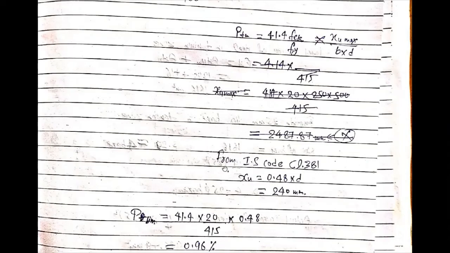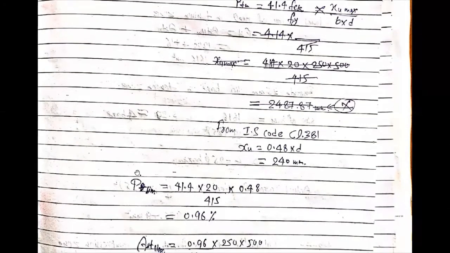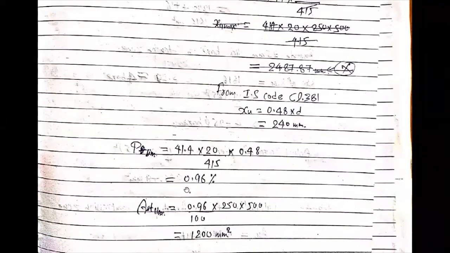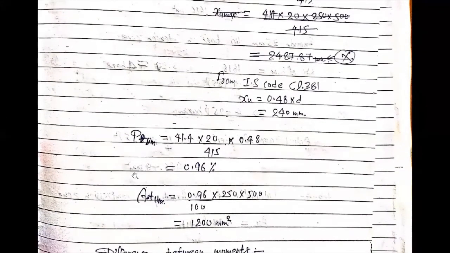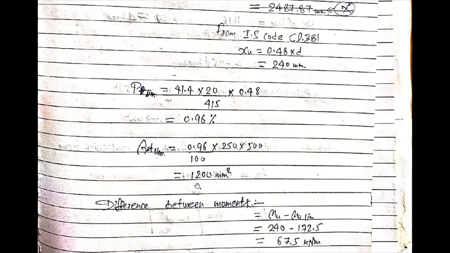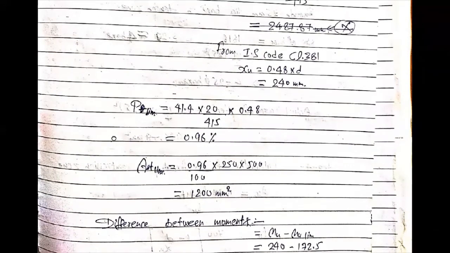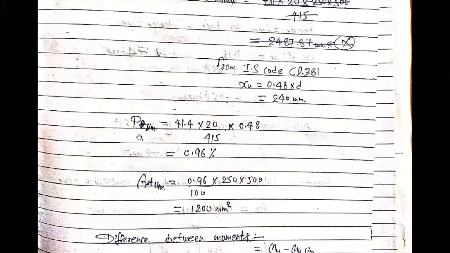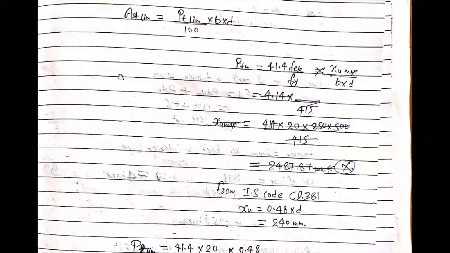From IS code 456, xu max is 0.48 d, which comes out to be 240 mm. Putting the values in pt limiting, we get 0.96%. Now putting pt limiting in the Ast limiting formula, we get 1200 mm square of area of steel required.